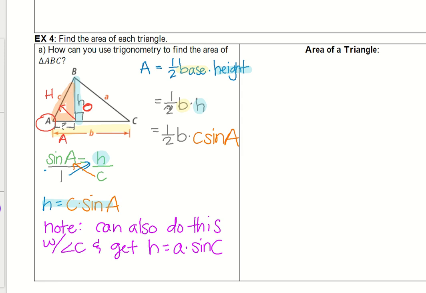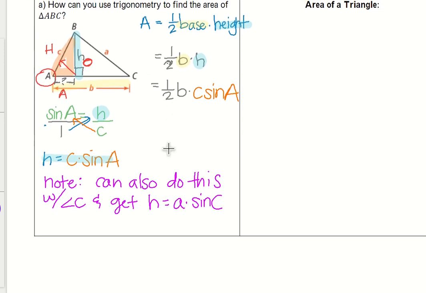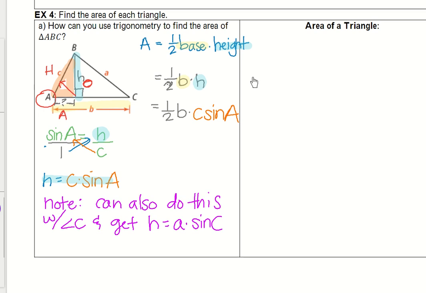Okay, so there's actually going to end up being 3 different formulas for the area of a triangle if I don't know the height. Okay, so the first one is what we just found.